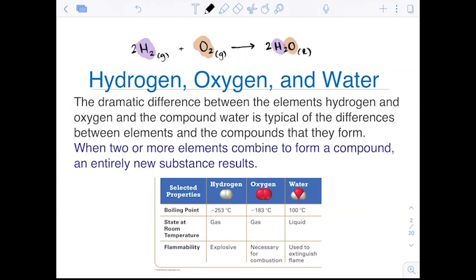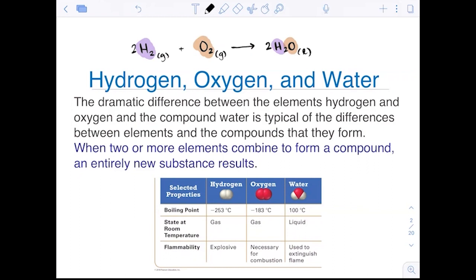And then there's water, which is used to put out fires. They're, yes, composed of the same atoms. They might be balanced so that we are thinking about the same number of atoms and the same number of electrons. But when two or more elements combine, they form an entirely new substance.